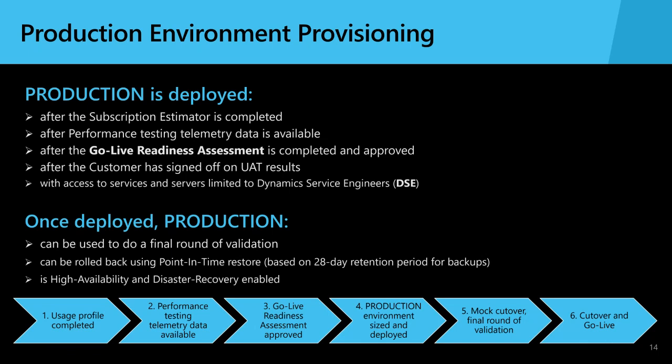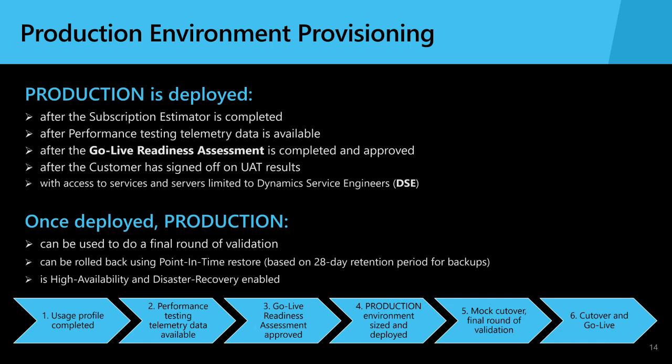Across the bottom, again, we've got these prerequisites for production deployment in sequential order here. To briefly summarize, you'll complete your usage profile and subscription estimator contained in the LCS project. We'll review the performance testing and telemetry data from your performance testing activities.